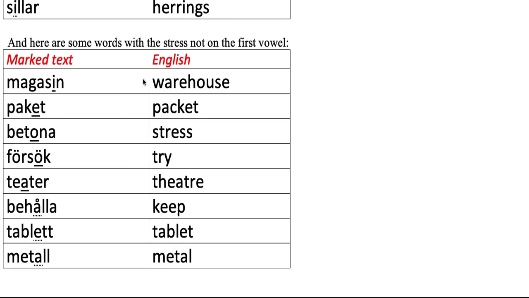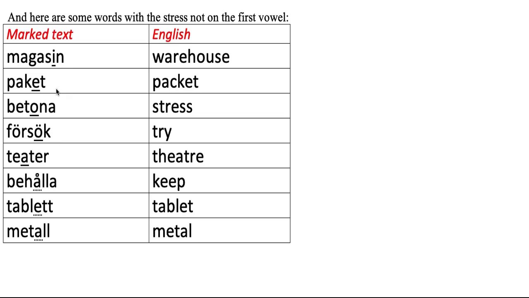Here are a few words with the stress not on the first vowel. Stress is on the last vowel here, or maybe in between. For example, magazine. We have here magazine. Stress is on the last vowel here. Packet, packet. Stress is here. Both are long.